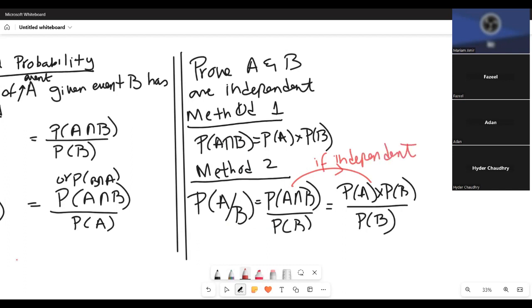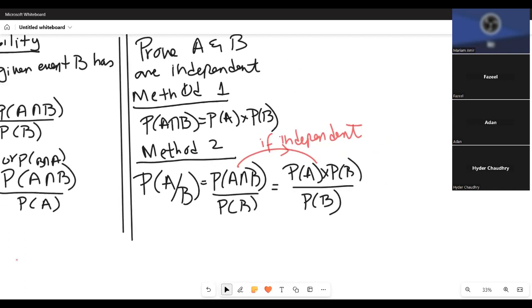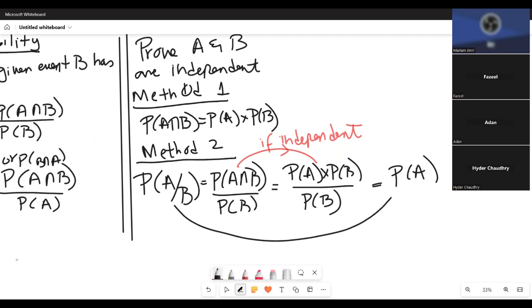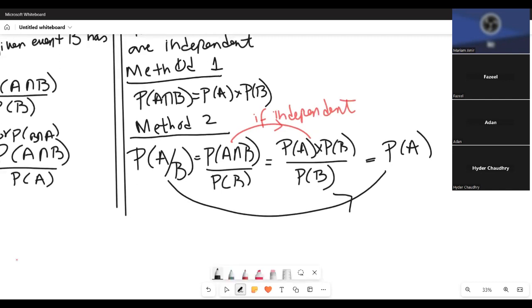So that means probability A given B should be the same as probability of A. If that's true, then it's independent. Similarly for probability B given A.